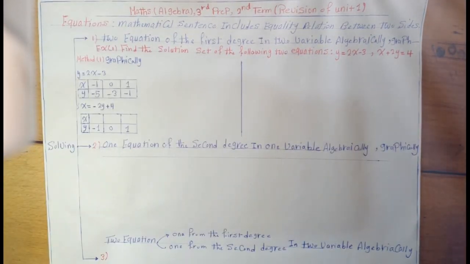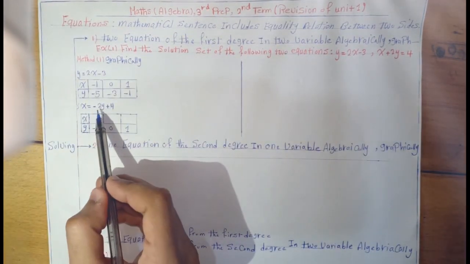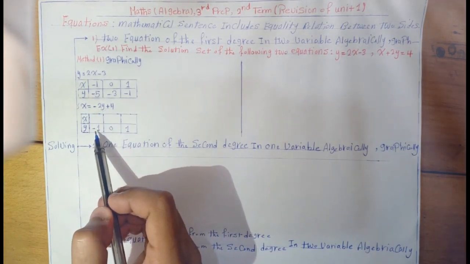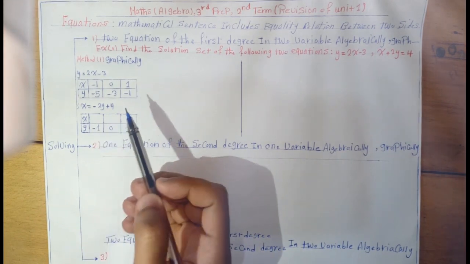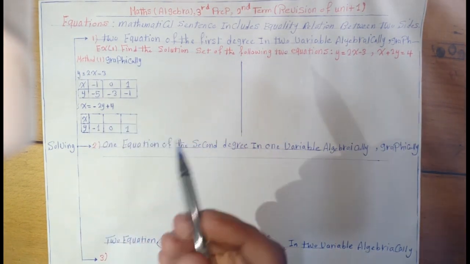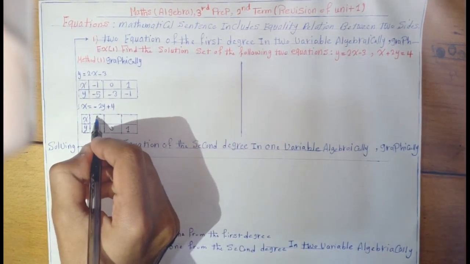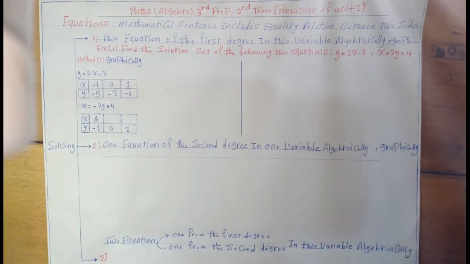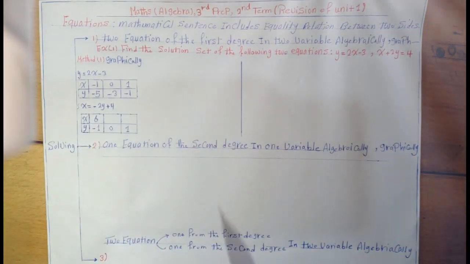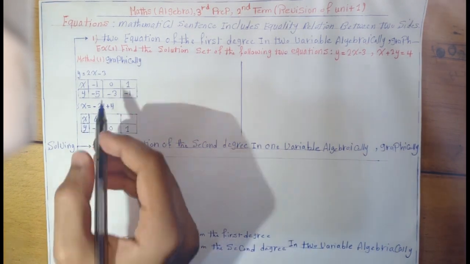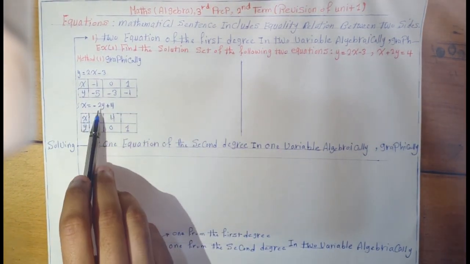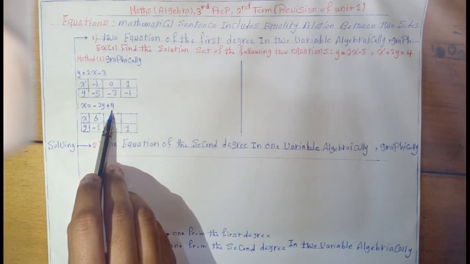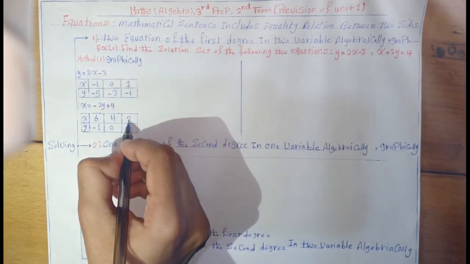And in the second table, -2 times -1 equals +2. +2 plus 4 equals +6. Also, -2 times 0 equals 0, plus 4 equals 4. -2 times 1 equals -2. -2 plus 4 equals +2.